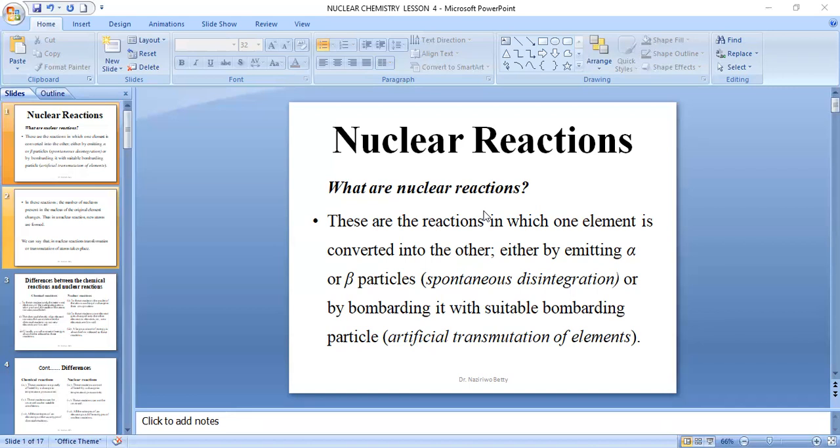That is, an element undergoes a spontaneous disintegration with the release of an alpha particle or a beta particle, or an element can be bombarded with a suitable particle, and that one is known as artificial transmutation of the element.